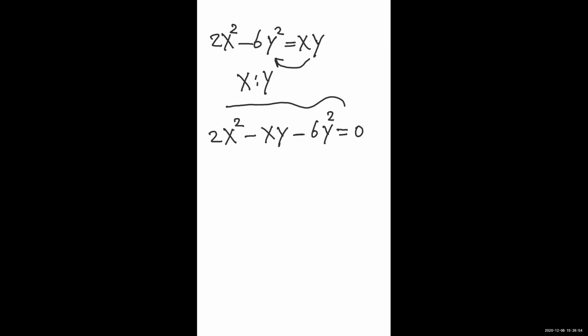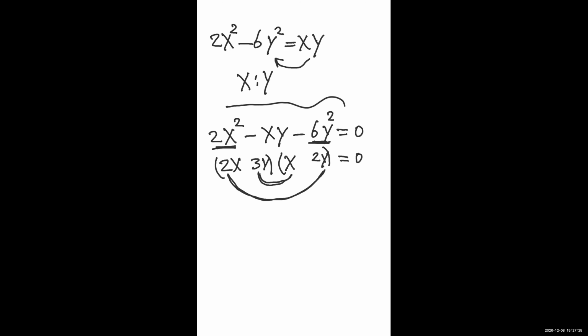Then start the factorization. Two brackets are multiplied like this, then equals 0. So for 2x squared, 2x and x. For 6y squared, 3y and 2y. Then this one becomes 3xy and this one 4xy.